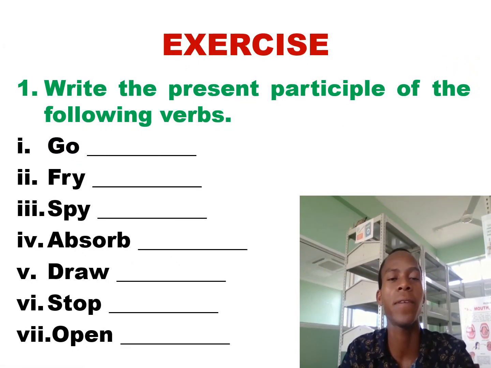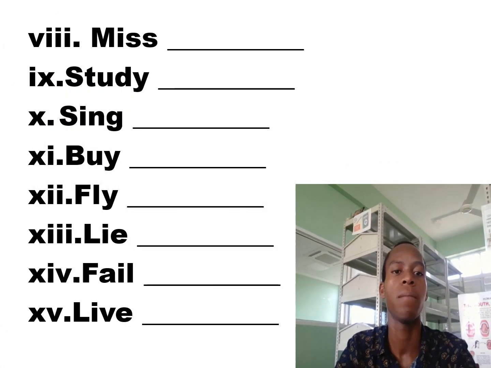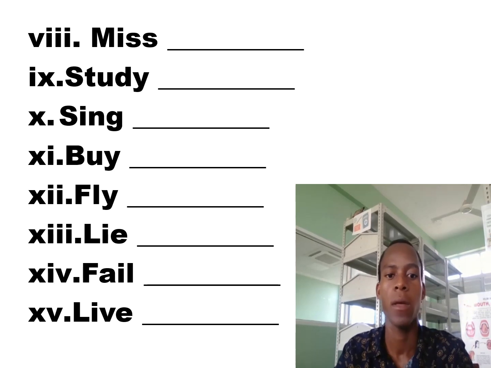Okay, let's have an exercise. This is the exercise you have to do in order to check if you can do them exactly. Write the present participle of the following verbs: go, fry, spy, absorb, draw, stop, open, miss, study, sing, buy, fly, lie, fail, live.